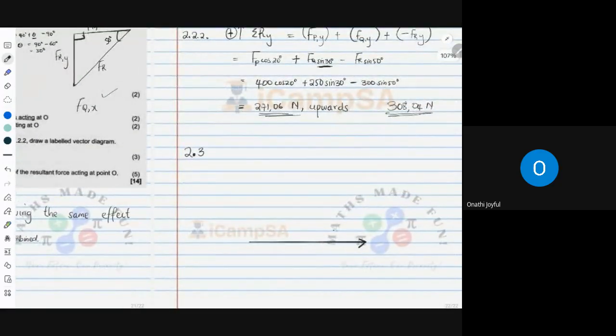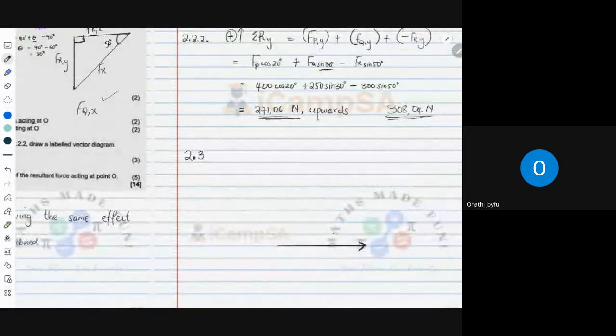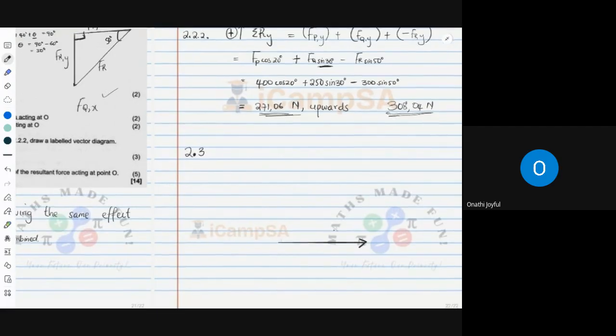Okay, it is. Just do it there. Good. Now, Rx is to the right. We know that for sure. We also know that Ry is going up. So we can either draw it here or there. But let's use this one. Let's use the tail to tail. Ry is going up.